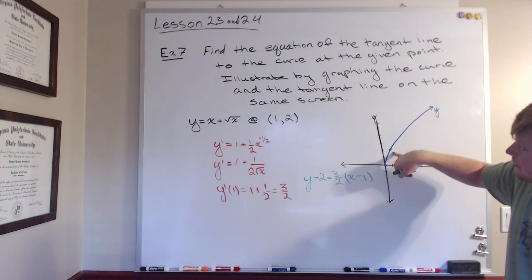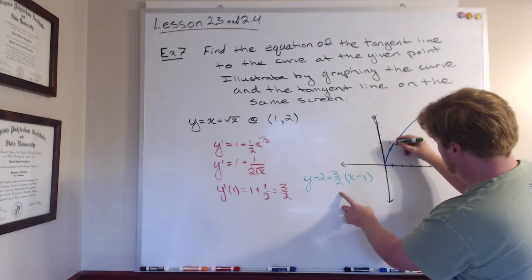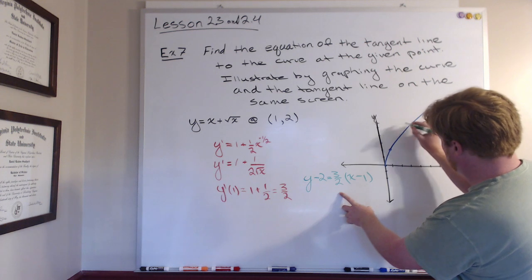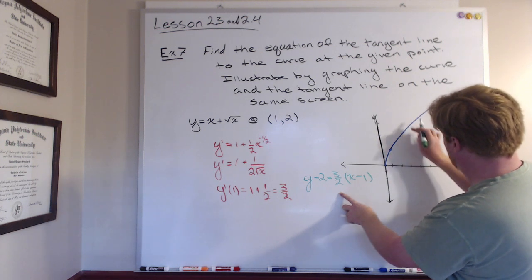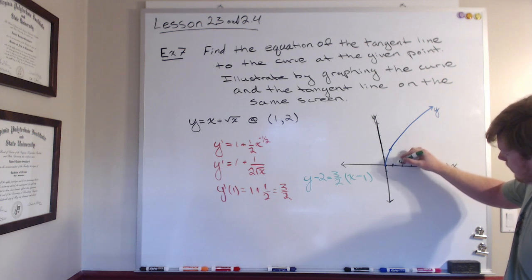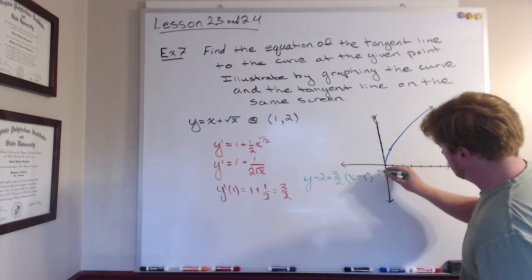Alright. So what is that going to look like over here? Well, it definitely goes through the point 1, 2. It has a slope of 3/2. So up 1, 2, 3 over 1, 2. And then let's do down 1, 2, 3 over 1, 2. So let's see.